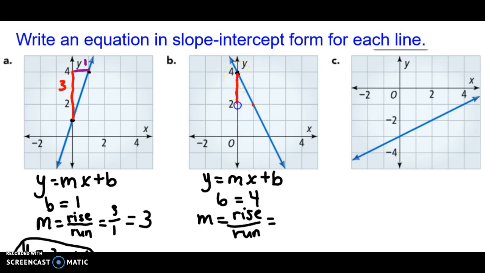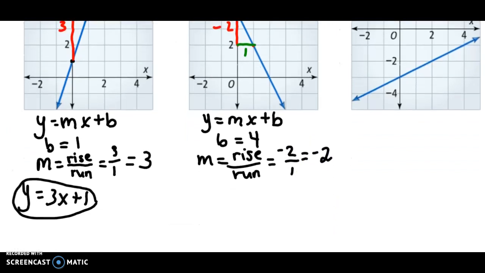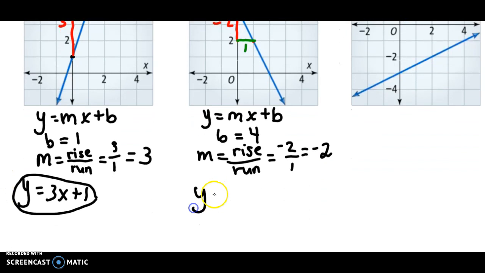So our rise is going down 2, and our run is going over 1. So therefore our rise is -2 over our run, which is 1. Therefore our slope is going to be -2 for this graph. So our equation should read y equals m, which is -2, x, plus our b, which is 4.